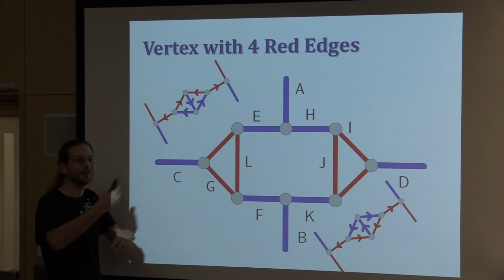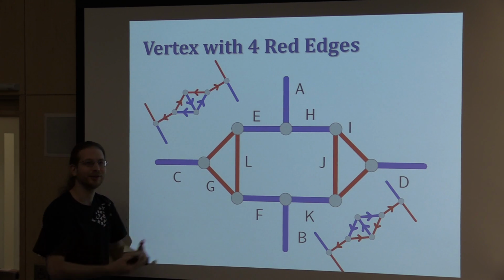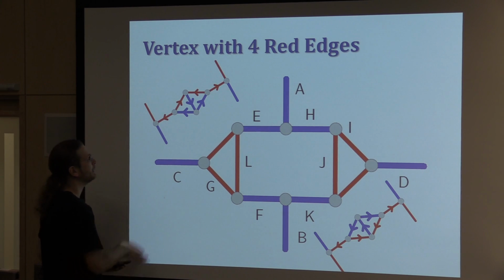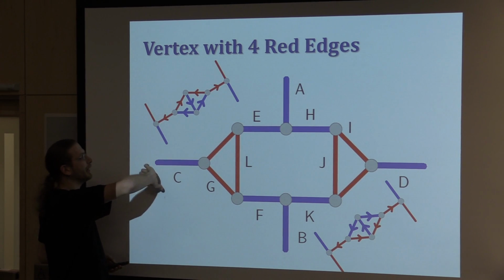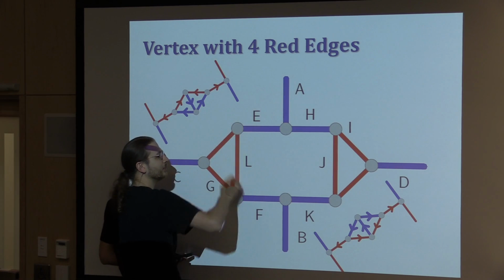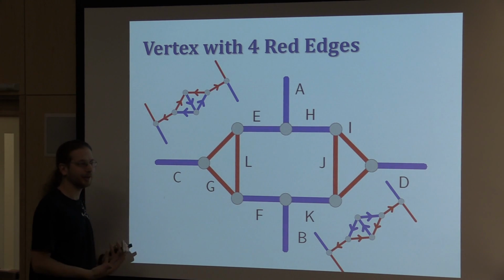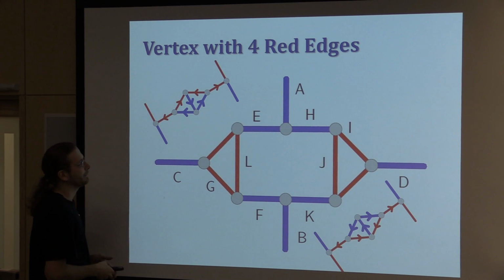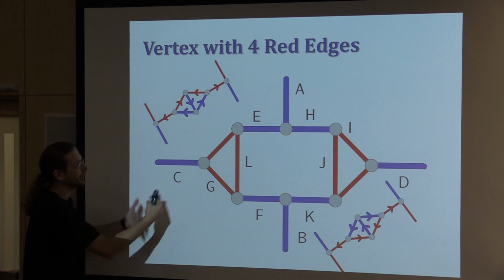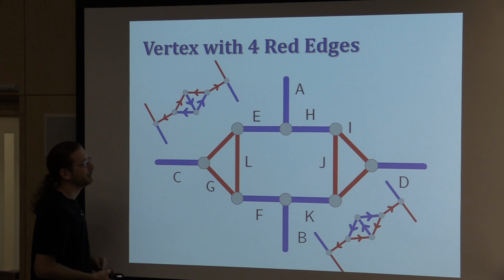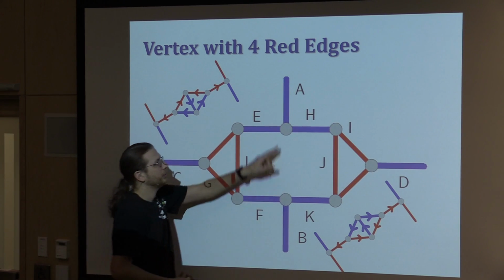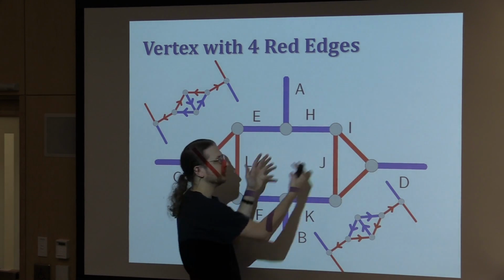Because if they did, we'd have to use a crossover gadget and we'd get into this infinite recursion. But you can just stick this on here and turn it red and connect it to this guy, and similarly over here, and you convert them all to red without any crossings. And I won't go through this gadget, but it simulates the constraint that at least 2 of these edges must be pointing into the gadget.